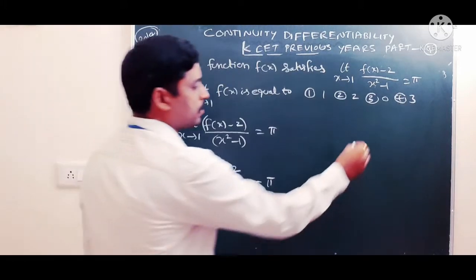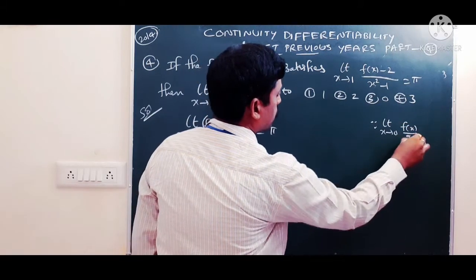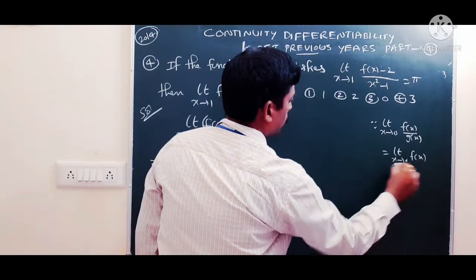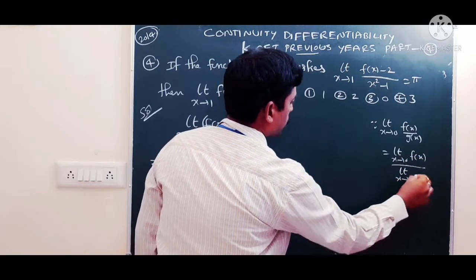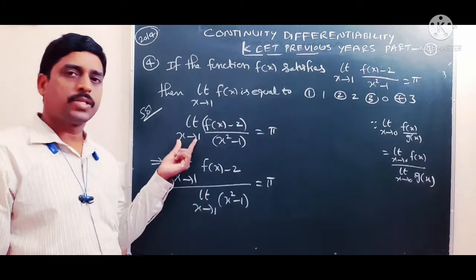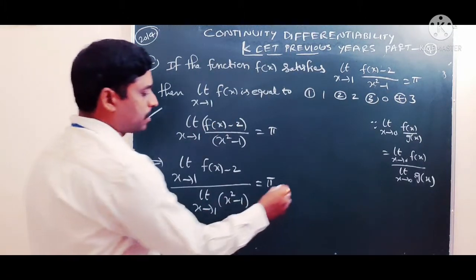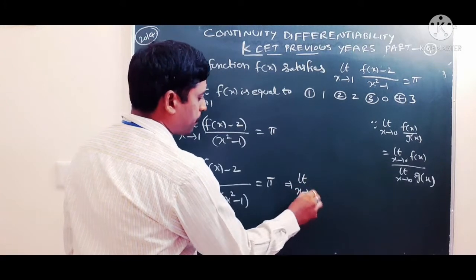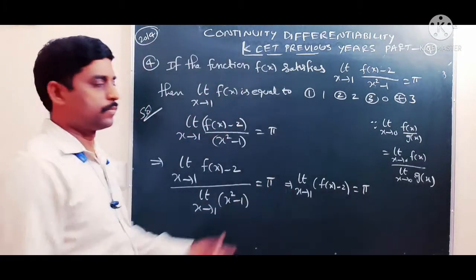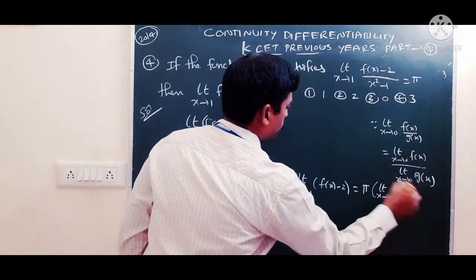We have one formula: limit as x tends to 0 of f of x by g of x will be limit as x tends to 0 of f of x by limit as x tends to 0 of g of x. By using that formula, applying the limit as x tends to 1 on numerator as well as denominator, by cross product, limit of f of x minus 2 will be pi times the limit of x square minus 1.